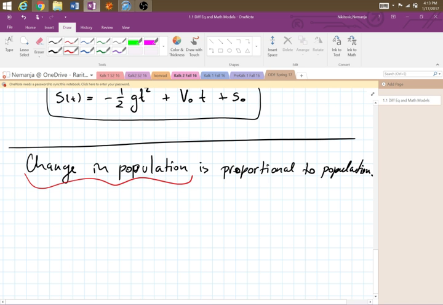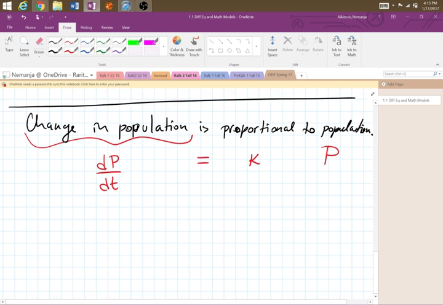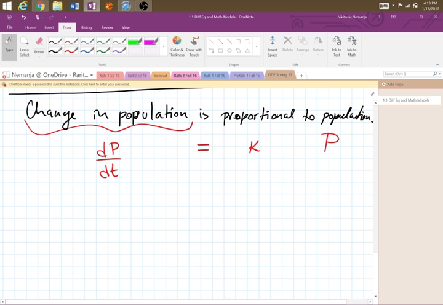Change in population dp dt is proportional, k constant, to population p. There you go. dp over dt is equal to kp. This is the simplest possible differential equation that you can write for population. It's accurate for a short period of time. Overall, it's bad, but on a short burst, it's good.